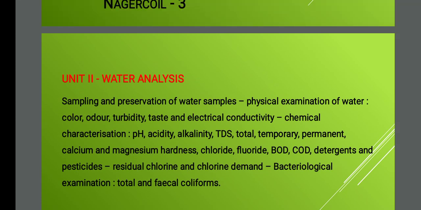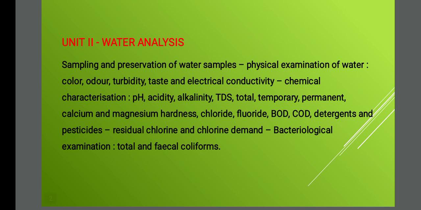Today we are going to see the second unit. The syllabus consists of sampling and preservation of water samples, physical examination of water. It includes color, odor, turbidity, taste and electrical conductivity, and chemical characterization includes pH, acidity, alkalinity, TDS, total, temporary and permanent hardness, followed by calcium and magnesium hardness, chloride, fluoride, BOD, COD, detergents and pesticides.